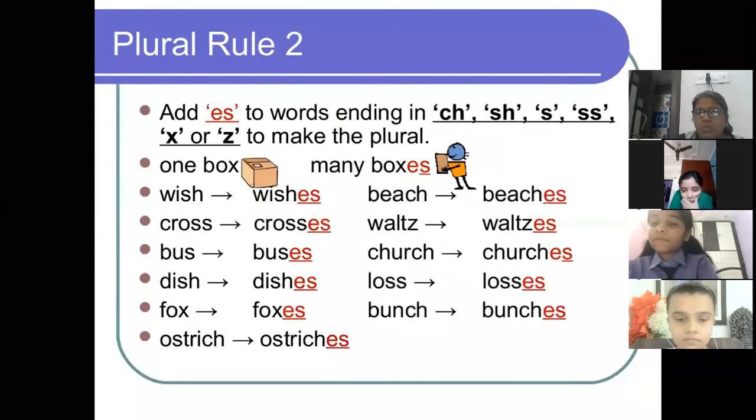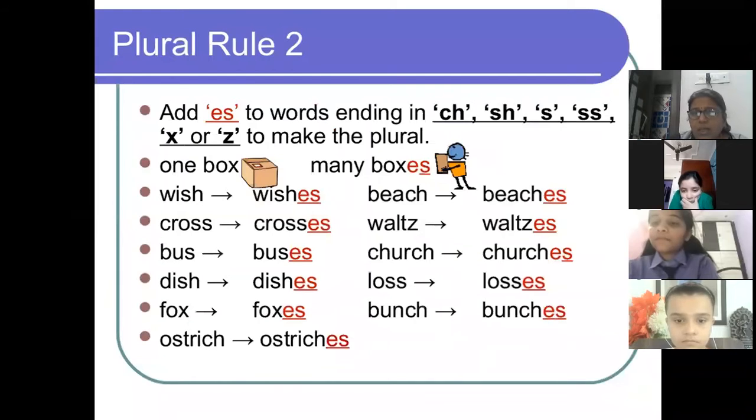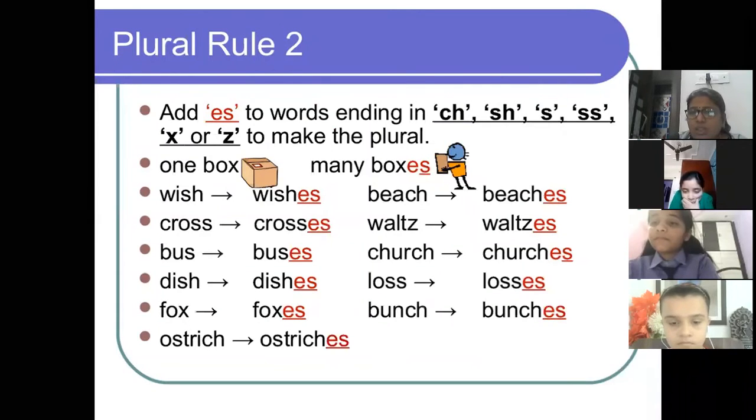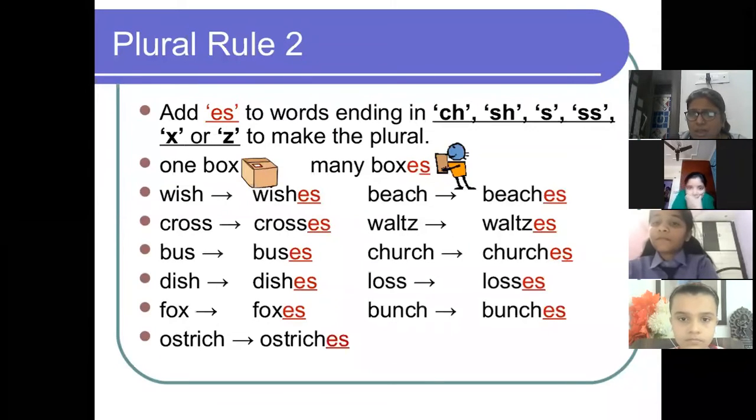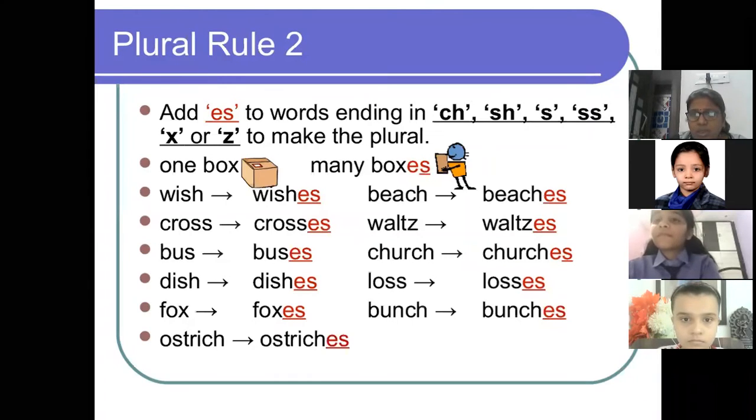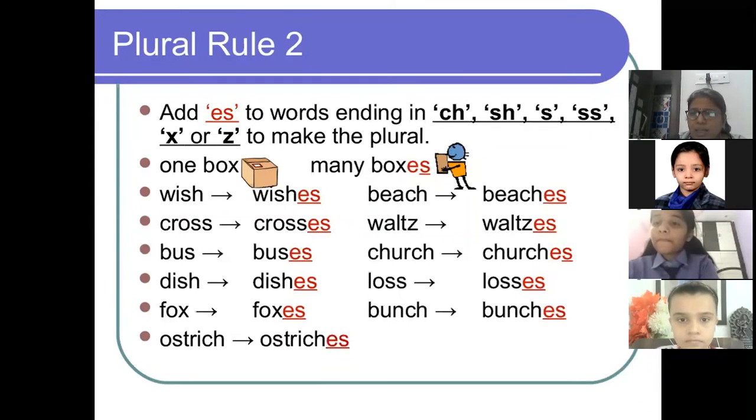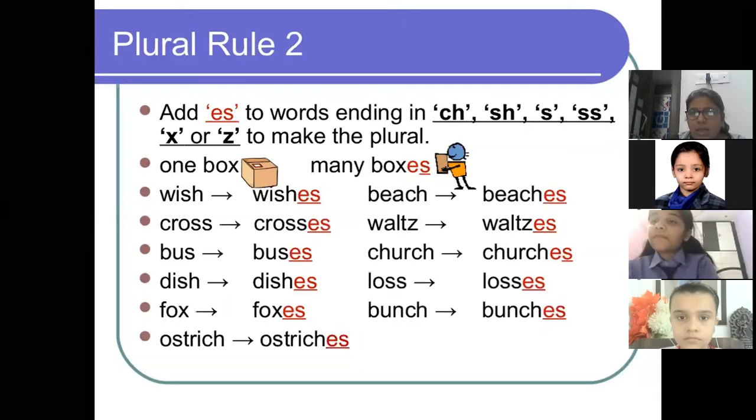Now rule number 2 is saying that there are some words which have these letters at the end, like CH, SH, S, double S, X or Z. So when you want to convert such words into plural, we simply add ES to them and they are converted from singular to plural.